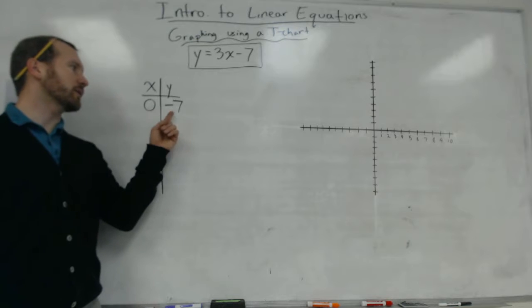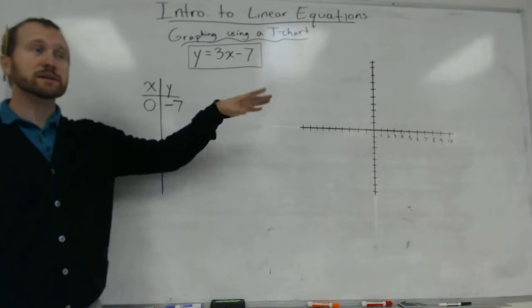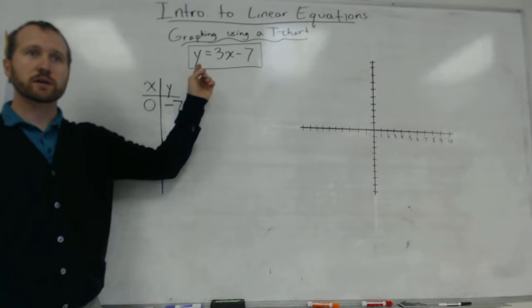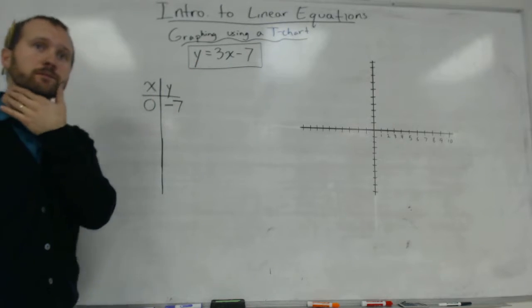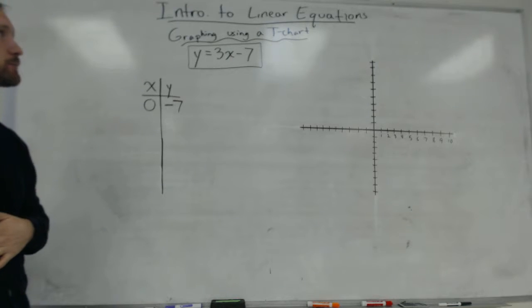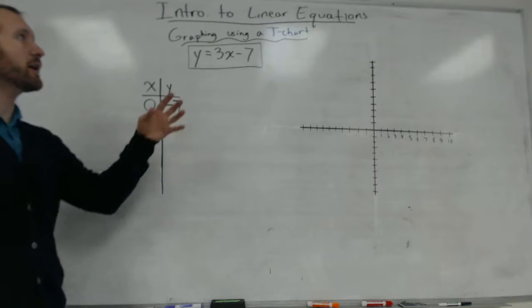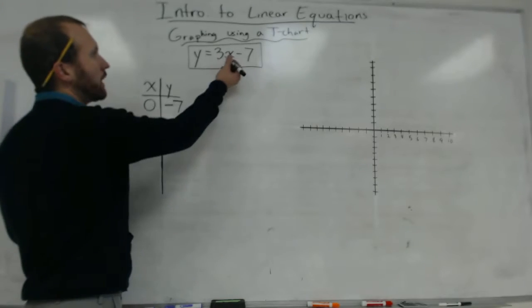What does this represent though? 0, negative 7 represents a point on the line. It represents a solution to this equation. But there are infinite solutions. This is a coordinate, and we'll get to that in a second. There are infinite solutions to this. Like what if x were 1?